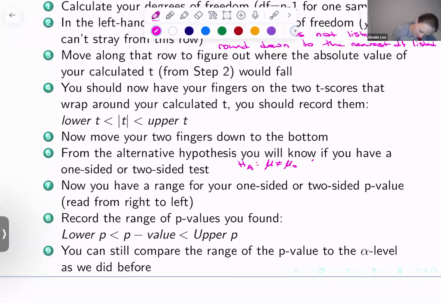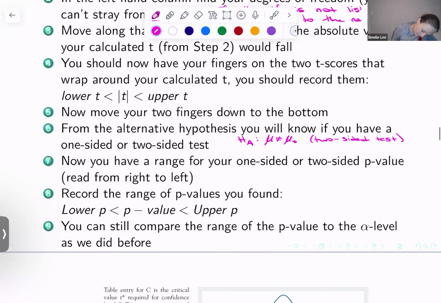And so that's what we call a two-sided test. Whereas if the alternative is that mu is less than mu naught or mu is greater than mu naught, then I only care about one of those sides, right? One at a time. And so that's what we call a one-sided test.